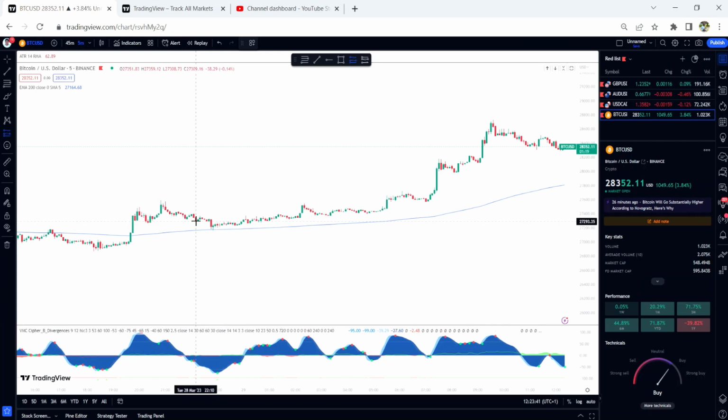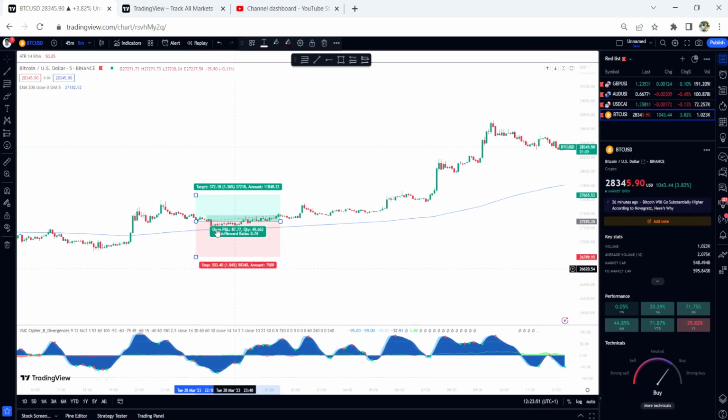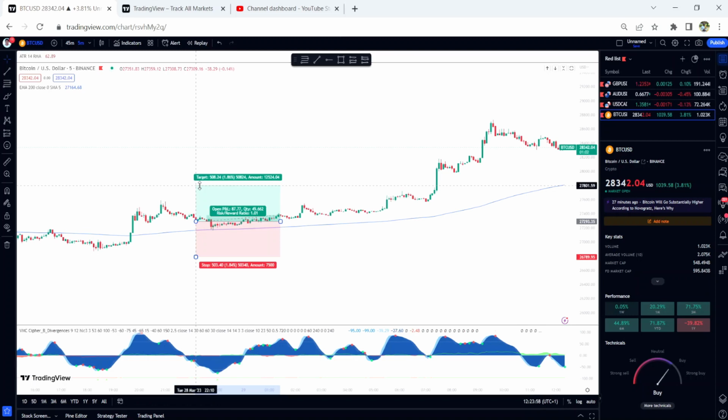Then we'll put our stop loss below the recent low. This is 1.84%. Then we'll shift the take profit to 1.84% too. So this is a 1-to-1 risk to reward ratio.